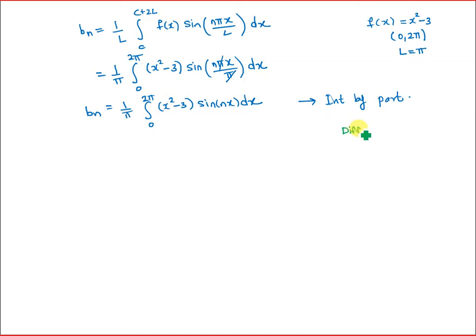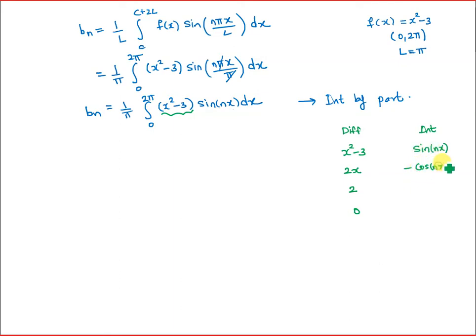So the function for derivative will be this one, as it becomes 0 after certain derivatives, and for integration sine nx. So derivative of x square minus 3 is 2x, derivative of 2x is 2, and then 0. Integration of sine is minus cosine nx divided by n.